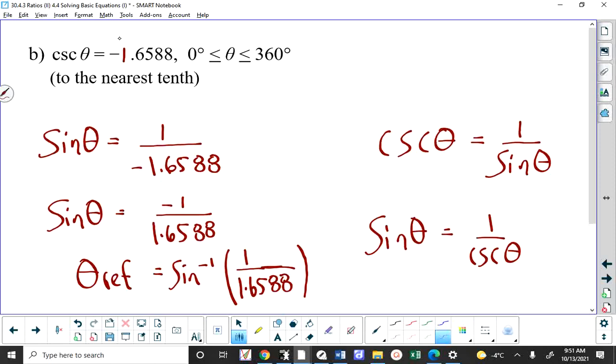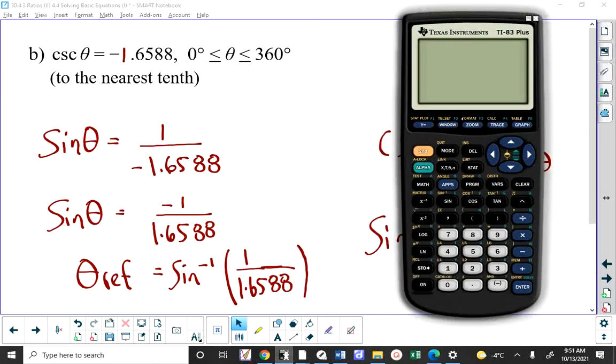And we're in degree mode, so this is maybe a more recognizable frontier that we're walking through here. Inverse sine of 1.6588. Am I in degree mode? Yes, no, I'm not. Inverse sine of 1 over 1.6588 gives me a reference angle of 37.1 degrees.